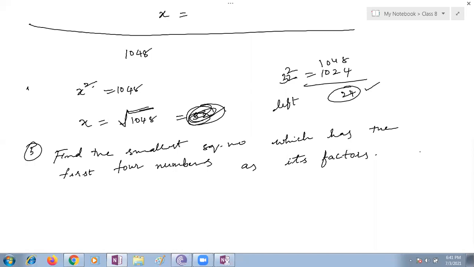I have a doubt. First, please think. I'll help you anyway. Navyasri, I'll help. Please think about the question. It's a very interesting riddle. Find the smallest square number which has the first four numbers as its factors.